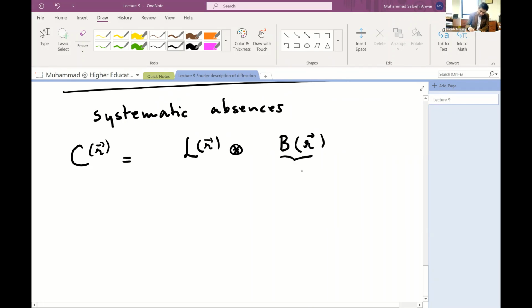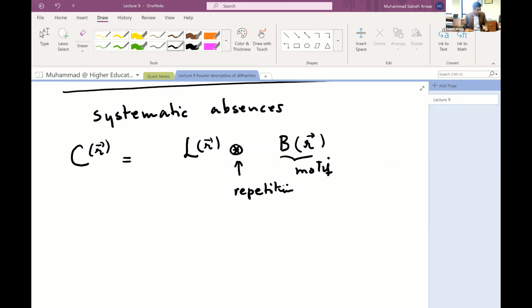So the basis is also called the motif, by the way. So I define a grid of points called the real lattice, the direct lattice, and stud it with the atoms or the motifs or the individual bases on each of those lattice points, and I generate the entire crystal structure. So this convolution is representative of repetition or sweeping, or taking some element and sweeping it across the lattice.